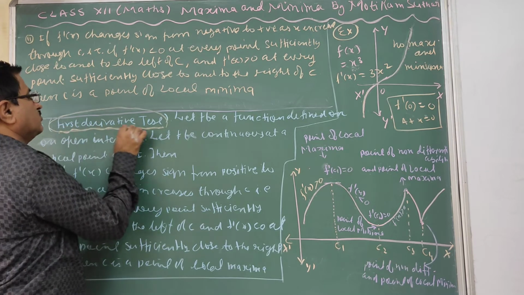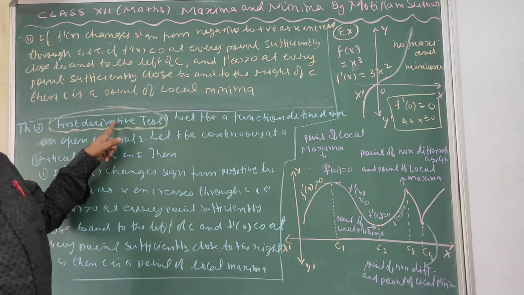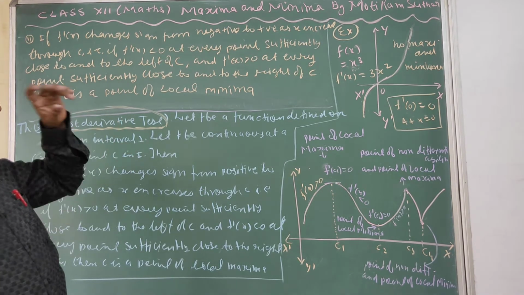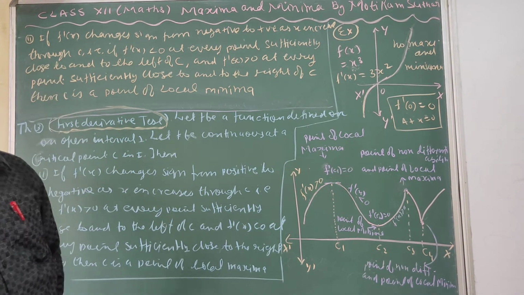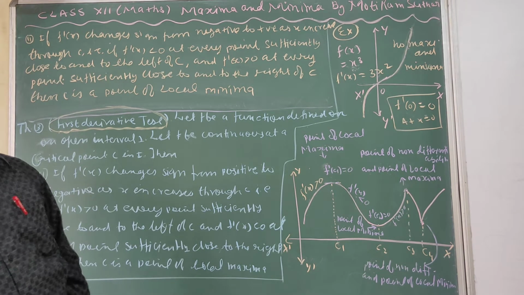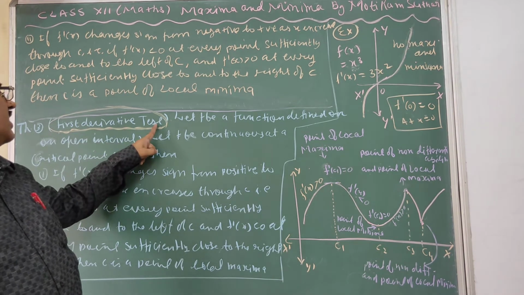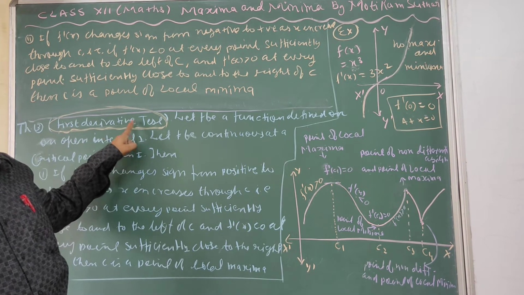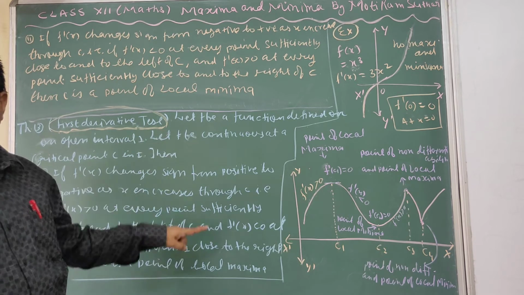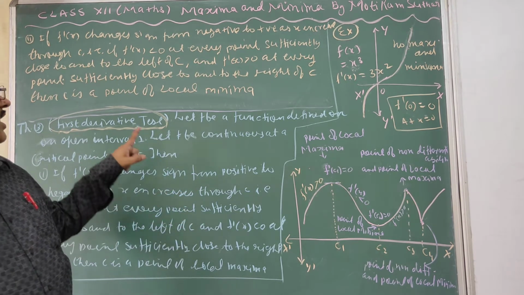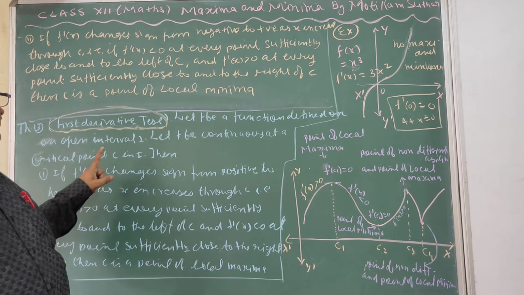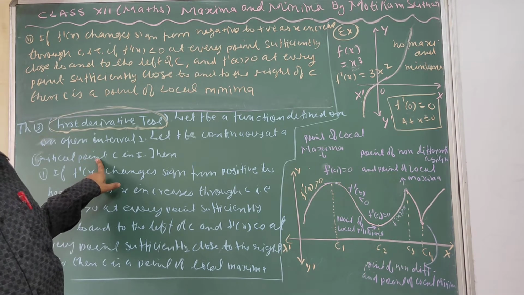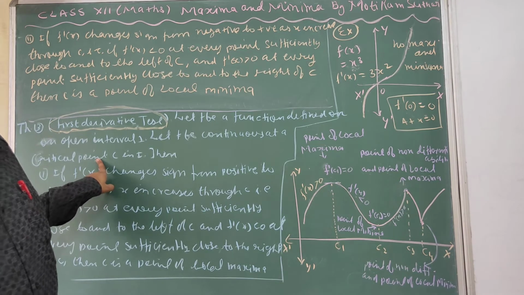The test we use to find out whether the given function has a local maximum or local minimum is known as the first derivative test. Why do we call it the first derivative test? Because we find the first derivative of the given function, and with its help we check whether the function has a local maximum value or local minimum value.